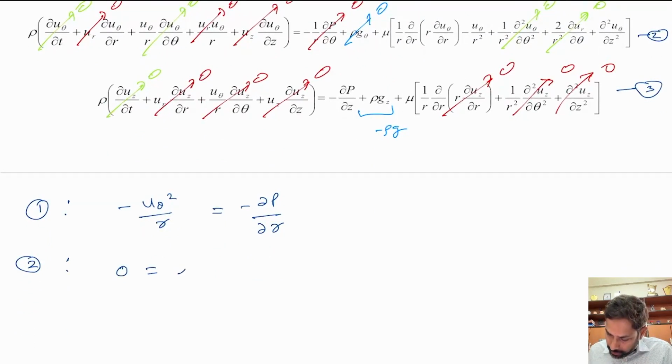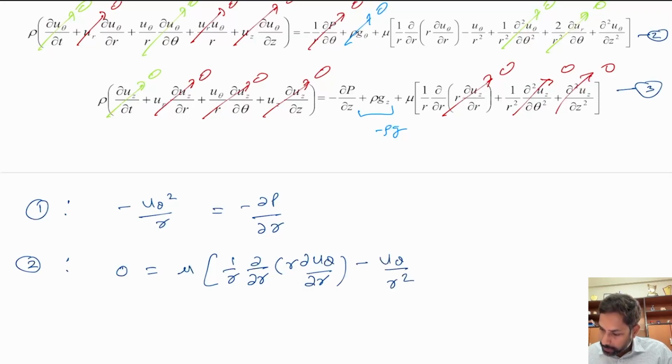0 equals mu times 1 over r d by dr of r du theta by dr, minus u theta over r square, plus d square u theta over dz square.